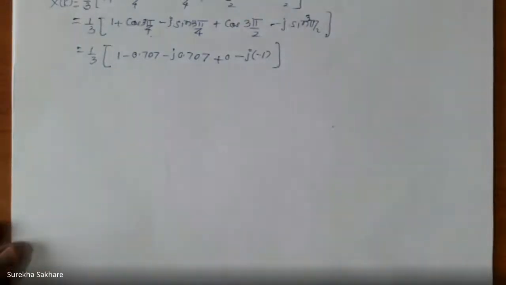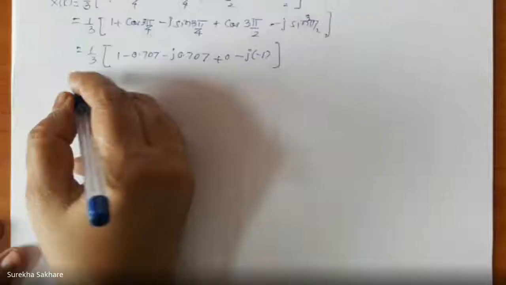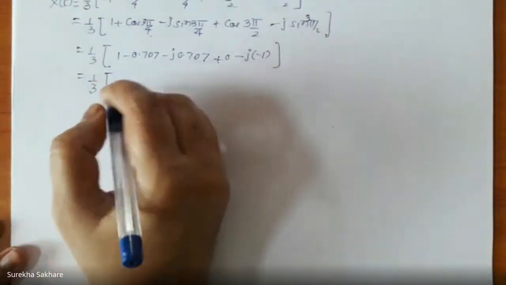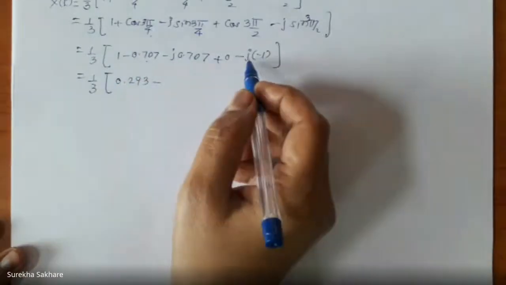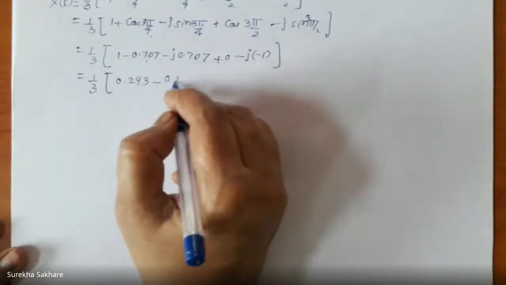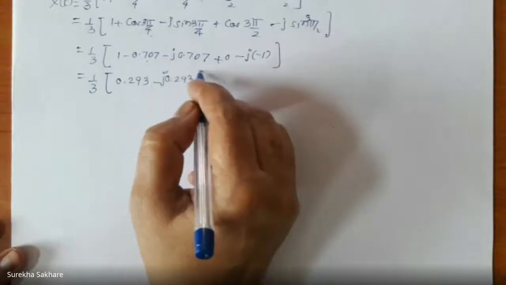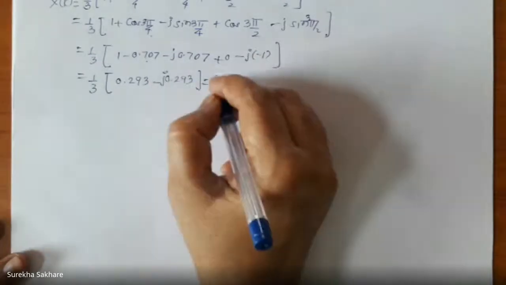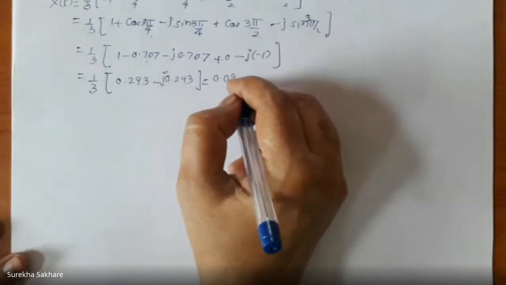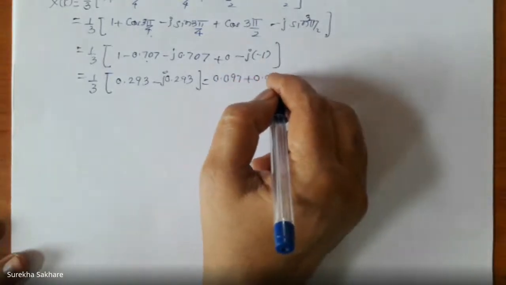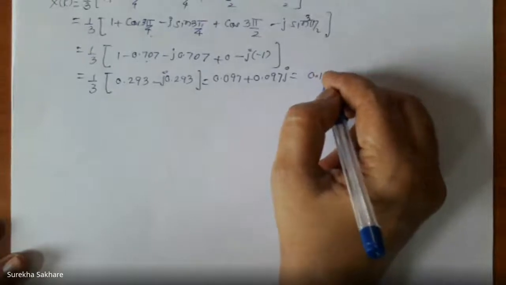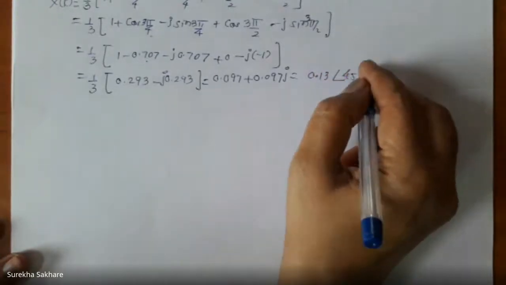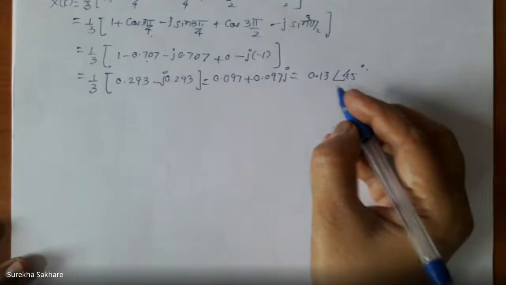So you have 1 by 3, 1 minus 0.707 is 0.293, this plus j minus this, 0.293j. So you have 0.097 plus 0.097j. This is coming as 0.13 angle 135 degrees or 0.75 pi.